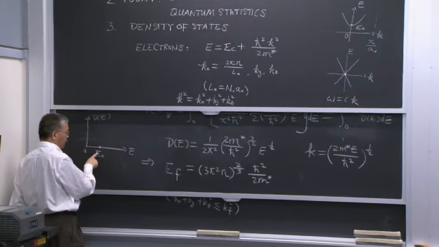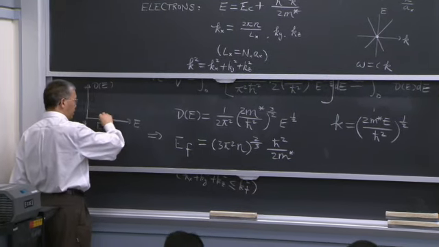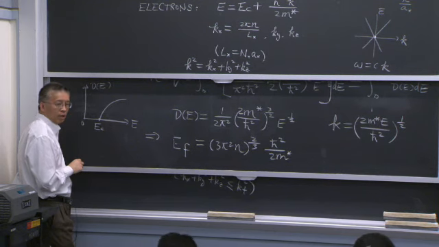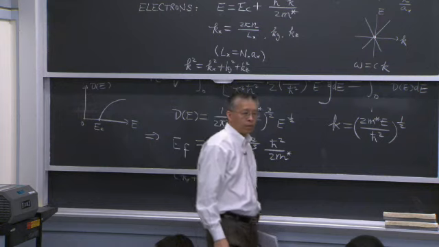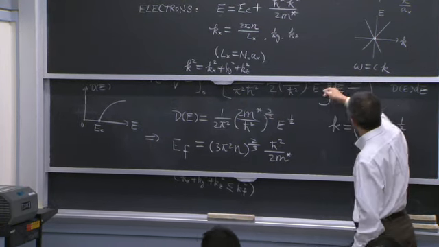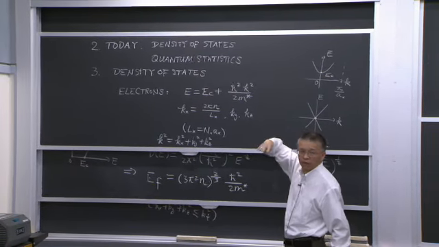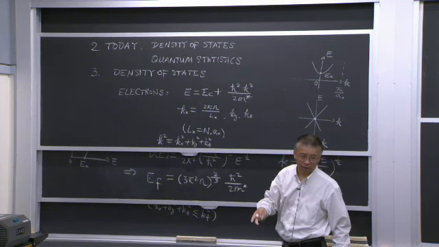I put my EC not at 0, but at an arbitrary point. Then this is the parabola density of states. That's the shape of density of states because it's a square root. If you look at the bottom, there are not many states, but as you increase energy, there are a lot more states that have the same energy values.